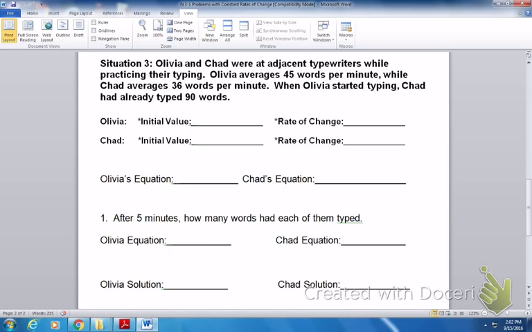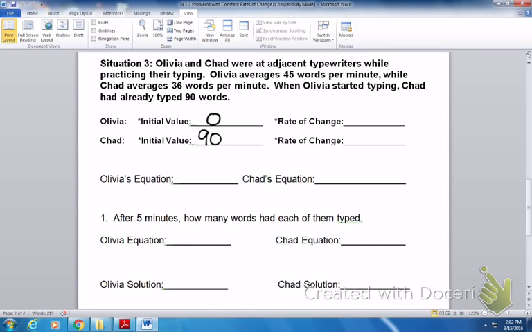Now this one is a little bit different because there's two different situations. Let's just talk about Olivia first. We need to know the initial values, how many words they've started with. Well, it says when she starts typing, Chad has 90 words. So Olivia's initial value is going to be 0, but that means Chad's initial value is the 90 that he already had typed.